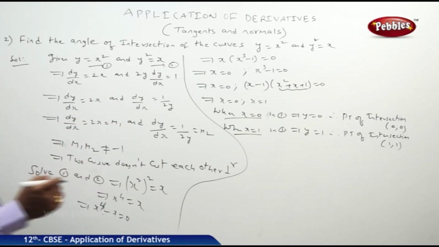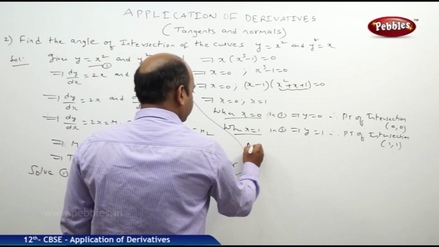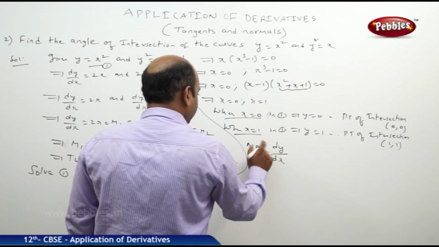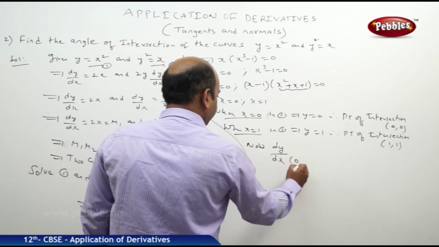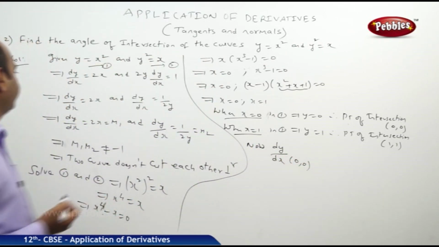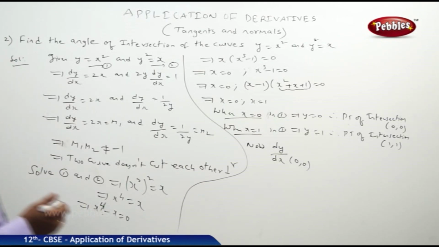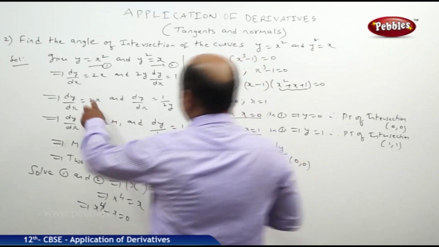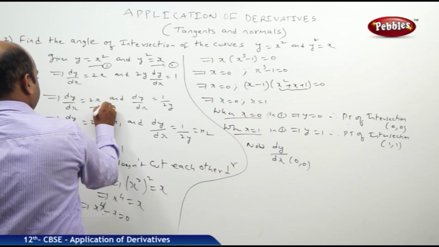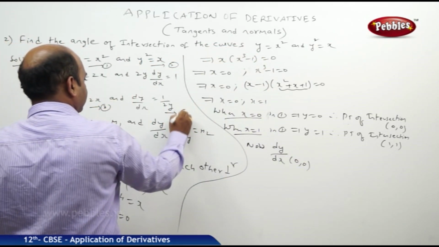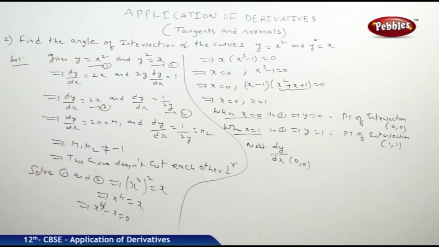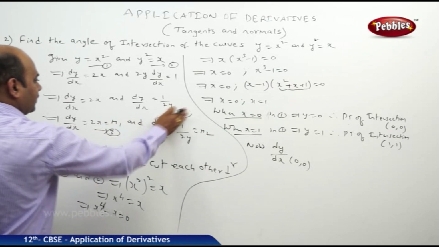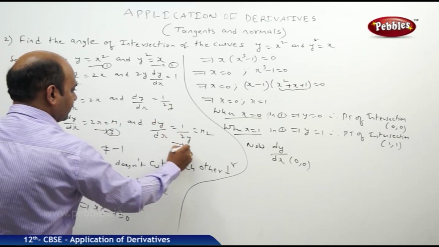So dy by dx at 0, 0, I will call these as 3 and 4 for our convenience.